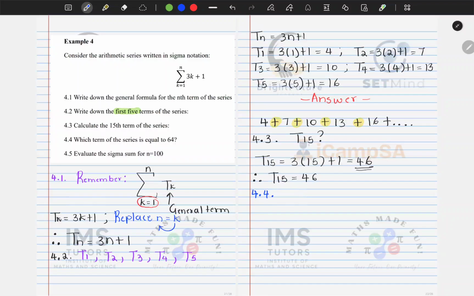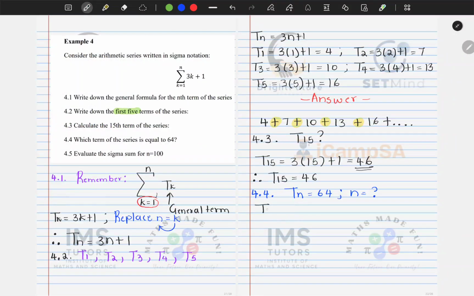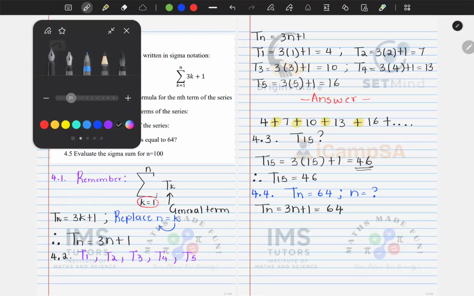So 4.4 is asking us which term of the series is equal to 64. So essentially, we're given a term that it will be 64, but we are not sure what the n is there. And how we're going to find that is using our general formula, which is 3n plus 1 equals 64. We need to solve for n.